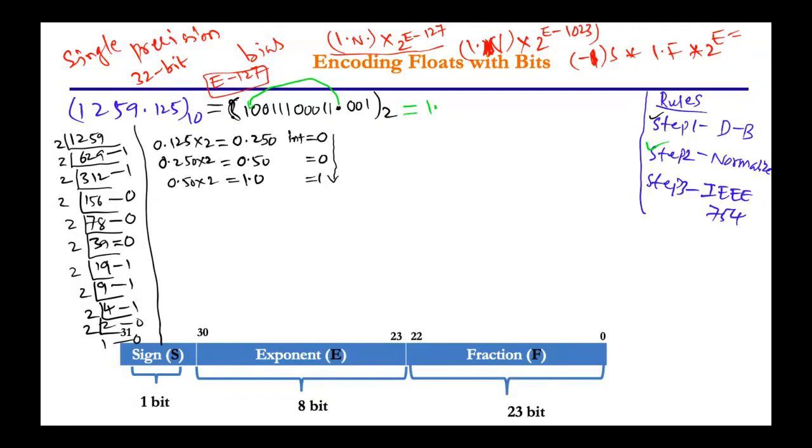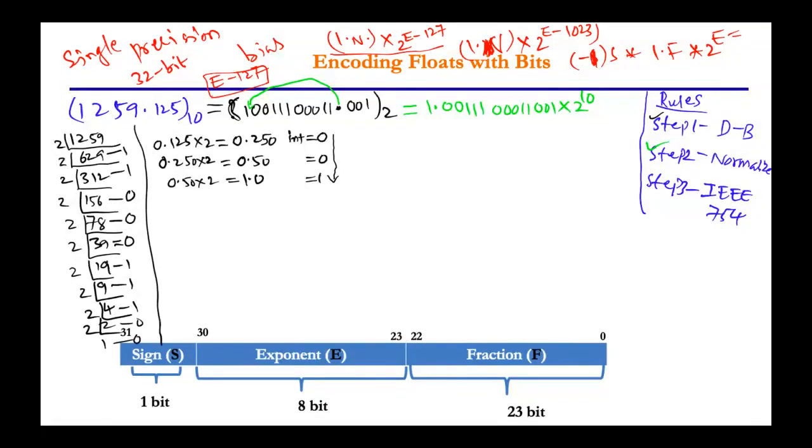How many positions is the dot shifted to the left? 1 2 3 4 5 6 7 8 9 10 positions. So just remember that, and you can write all the numbers, ending with 001, multiplied by 2 to the power of 10. That we call normalization.